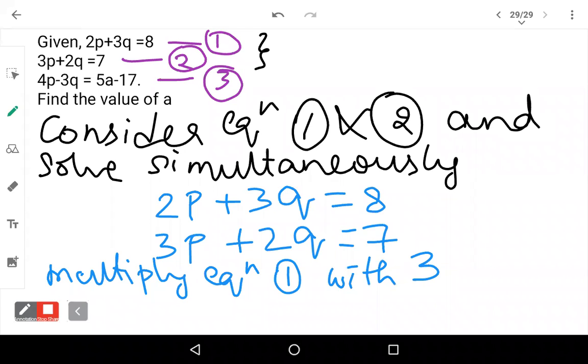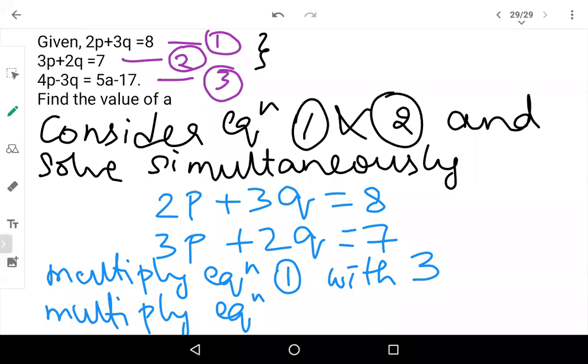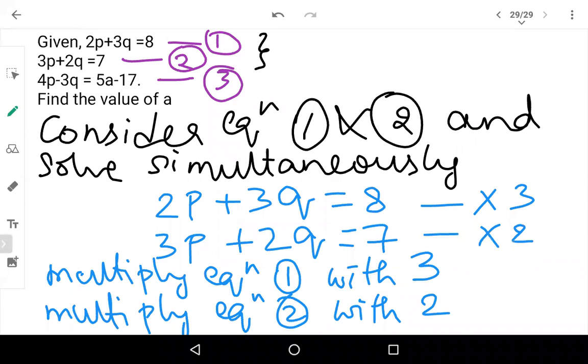And how about second equation? Multiply equation 2 with 2. Okay. So now we are going to multiply this equation with 3 and this equation with 2.